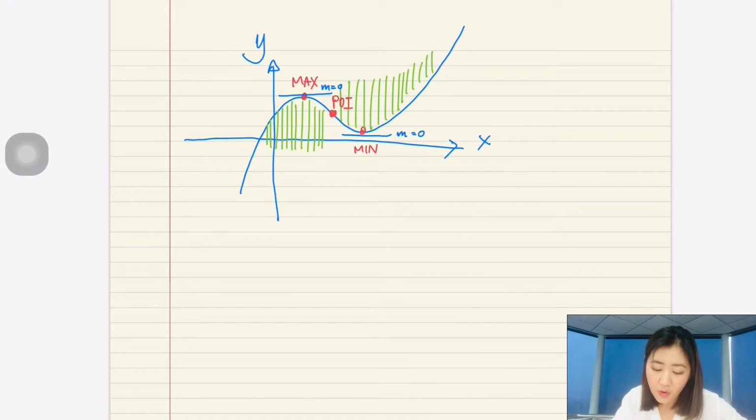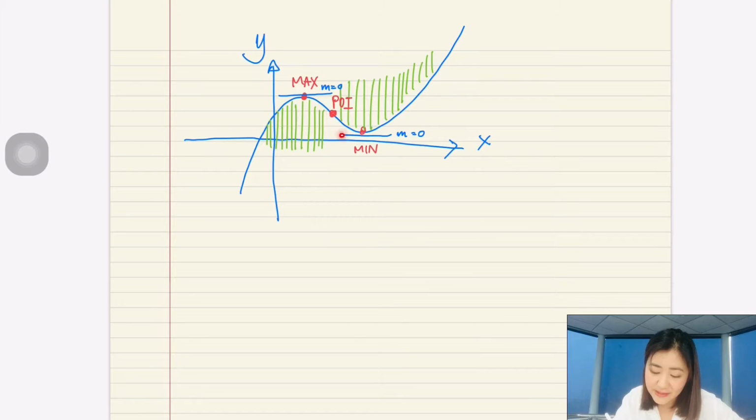Before the maximum point you get positive gradient, and after it, negative gradient. So the gradient goes positive, then 0, then negative. The gradient changes decreasingly, which is why you get negative concavity.